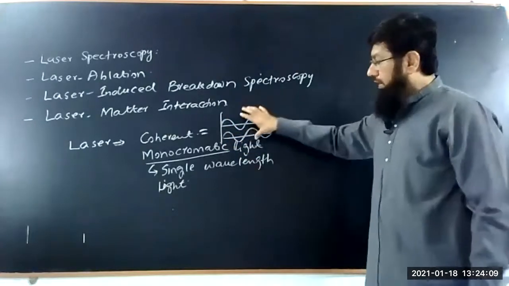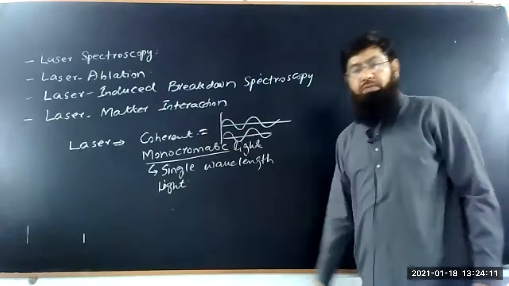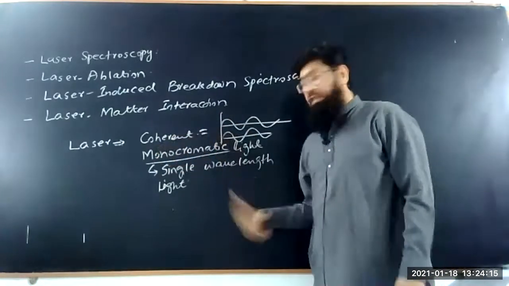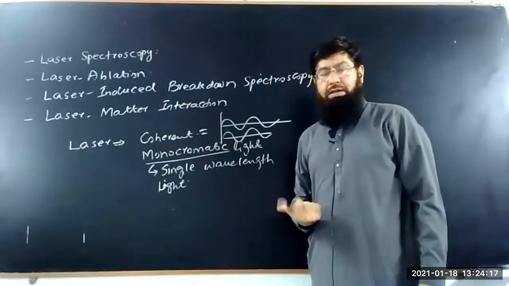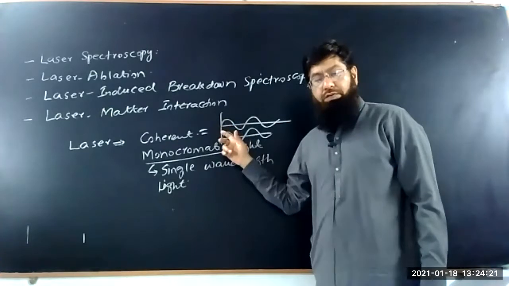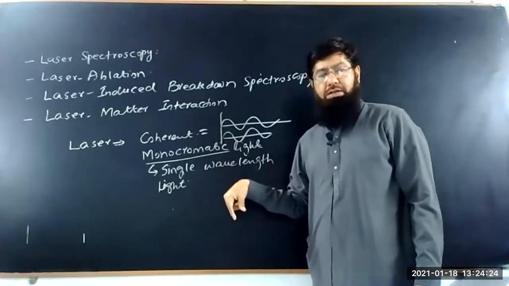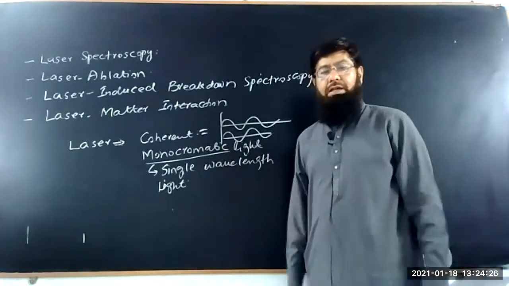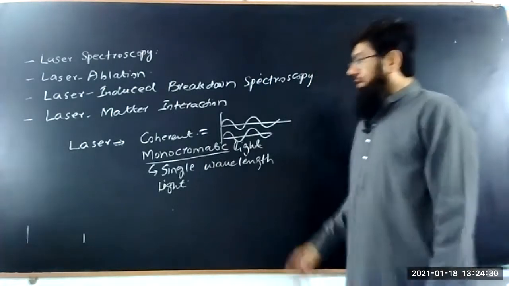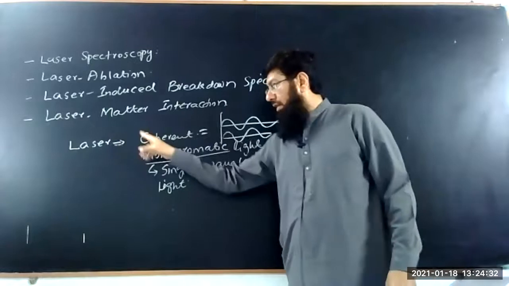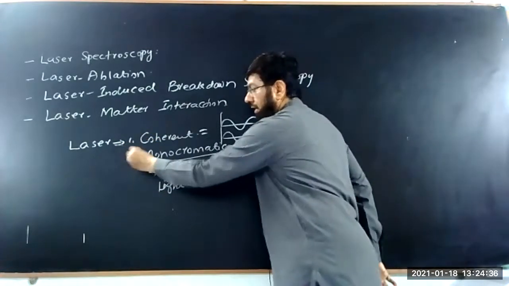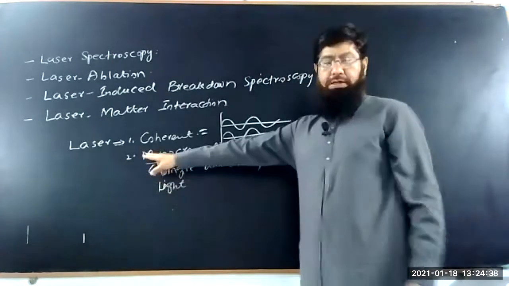If it is not coherent, say the phase difference is 180 degrees, then the trough of one wave cancels out the crest of the other wave. As a result we get destructive interference, no light. So for the laser, the main thing is that the light is coherent, and the second is that it is monochromatic.